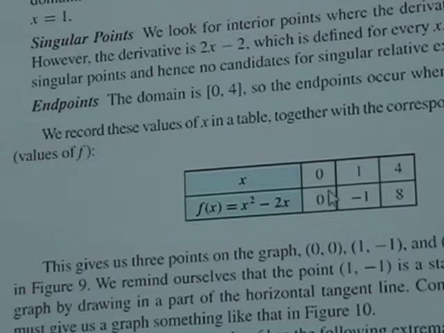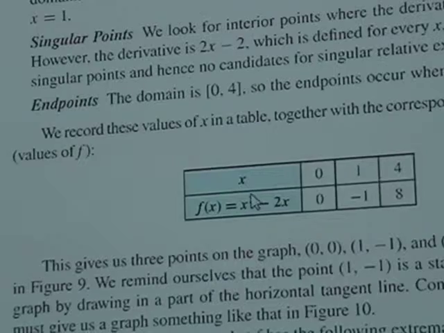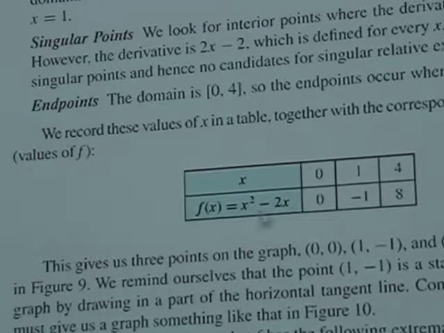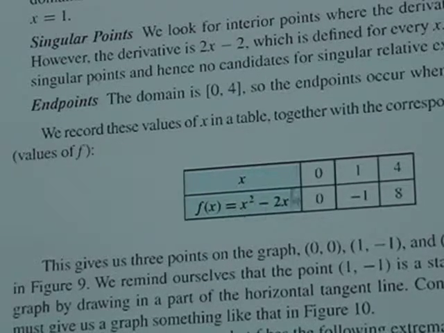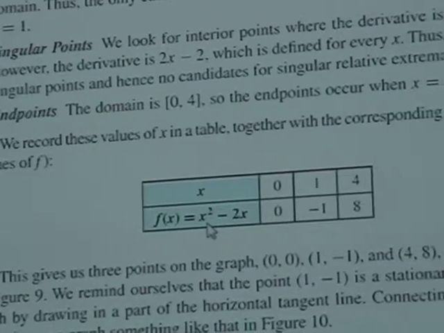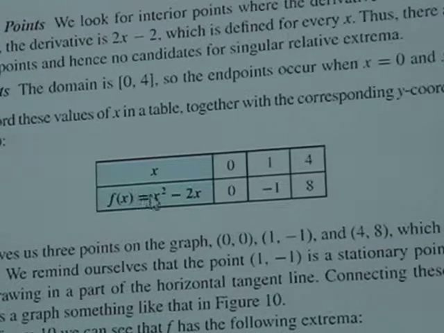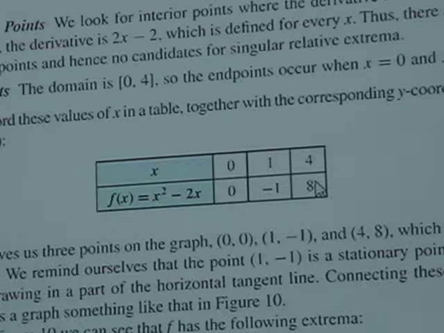Then we want to see what the height is at each of these x values, so we put x into the original function f. When you put 0 into the original function, you get 0. When you put 1, you get -1. When you put 4, you get 16 minus 8, which is 8.